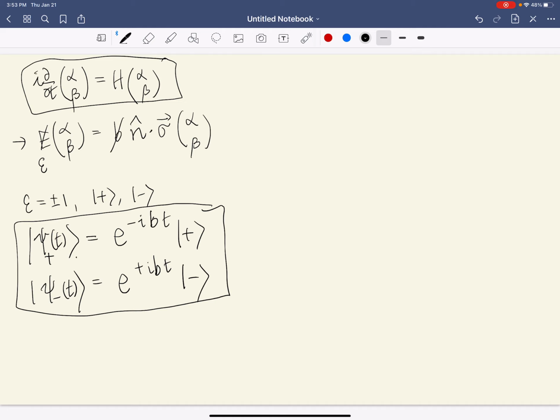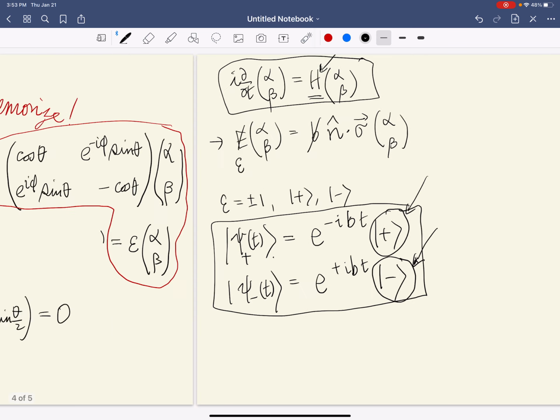Okay, and the structure of these two eigenstates, plus and minus, is completely dictated by the elements of the Hamiltonian. Remember those thetas and phis? Well, these thetas and phis are determined by the choice of the elements in the Hamiltonian, which in turn fixes the explicit forms of these two eigenstates, plus and minus.